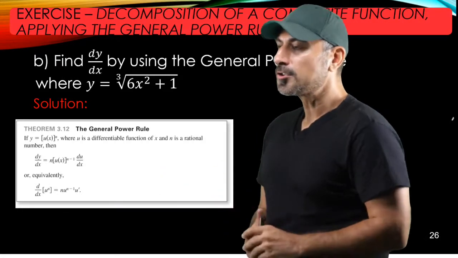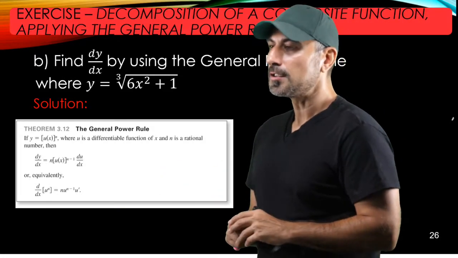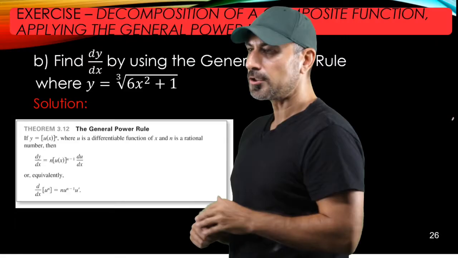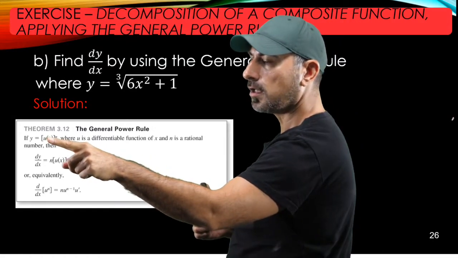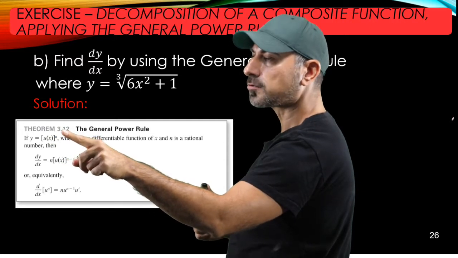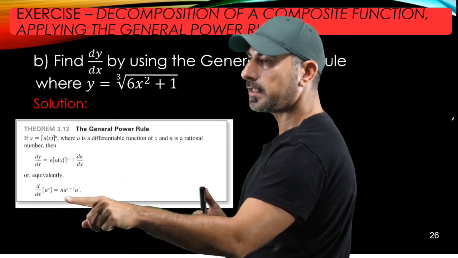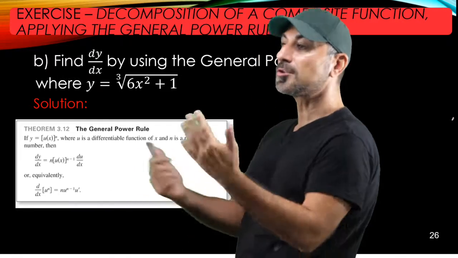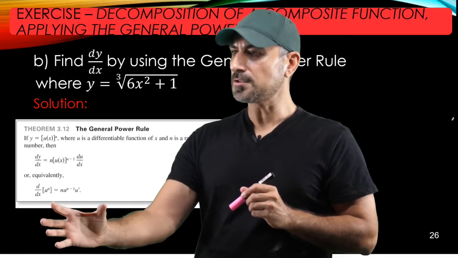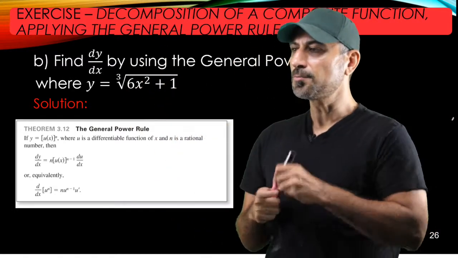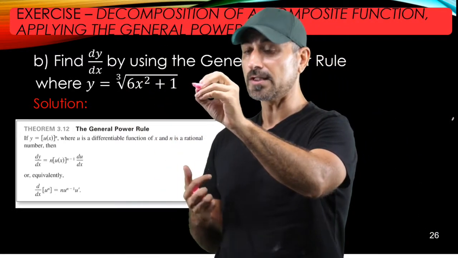So now we're going to use the general power rule to find a derivative of the same function. The generalized power rule implies that if you have a function u of x raised to the power of n, the derivative of that is n times u to the n minus 1 times the derivative of u. Okay, so for us to use this formula for our case, we should probably write this in the exponent form.